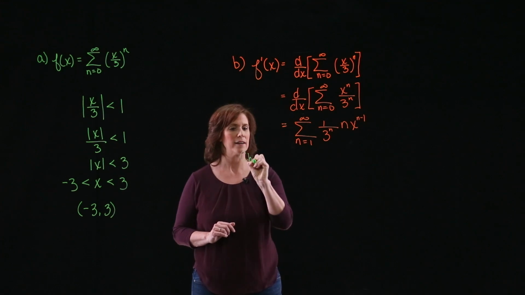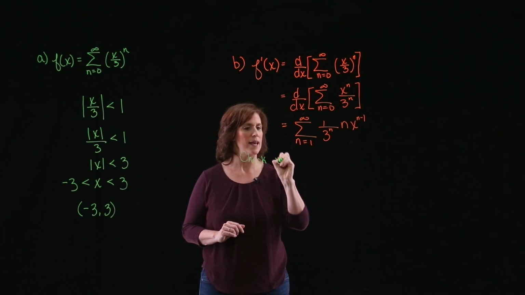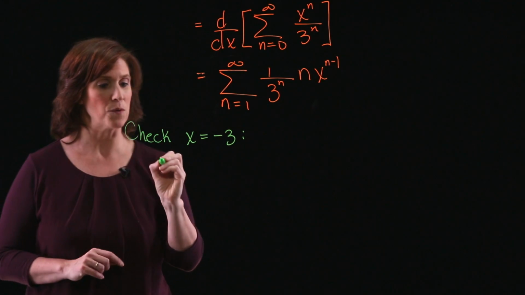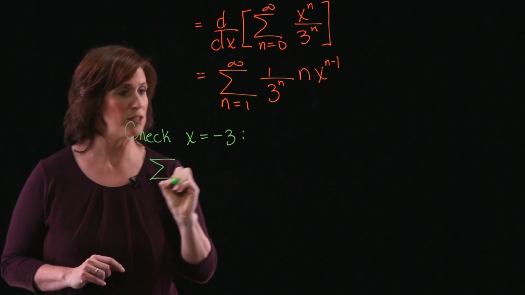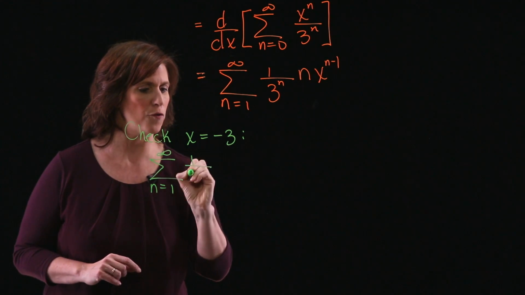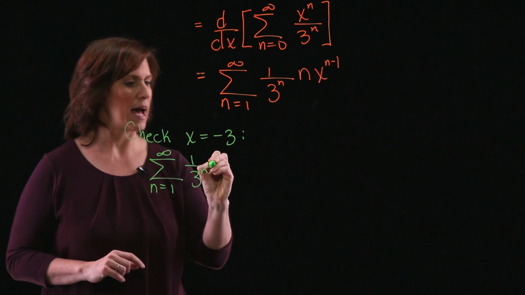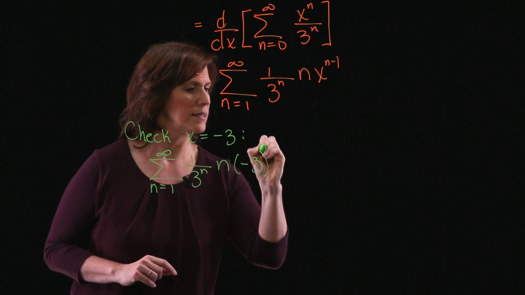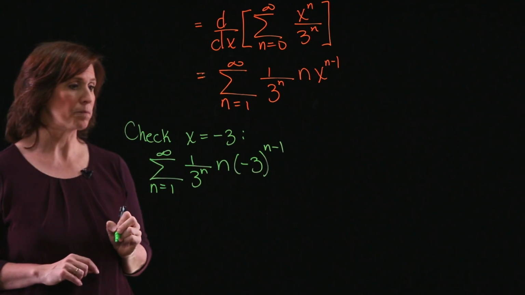We'll check what happens at x equals -3. At -3, my series is going to be the series from 1 to infinity of 1 over 3 to the n times -3 to the n minus 1 power.